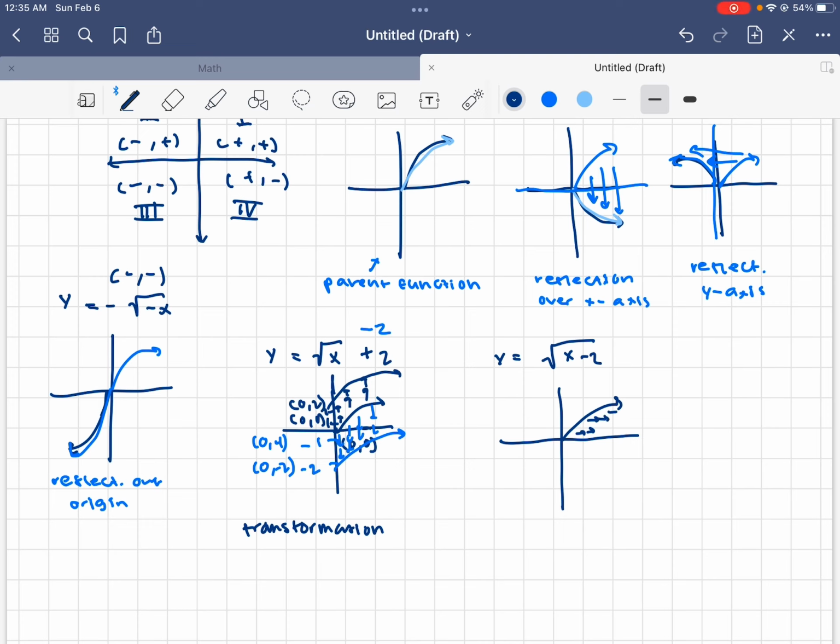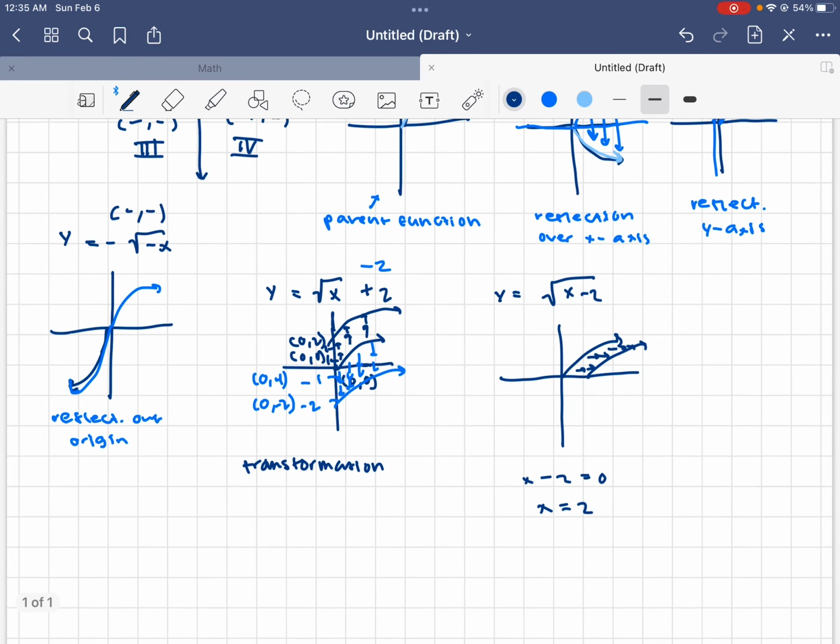And the reason why is because if you take this inside and solve for x, or find what makes it 0, you set it to 0, you get x equals 2, so that moves our graph over 2 points along our x-axis.